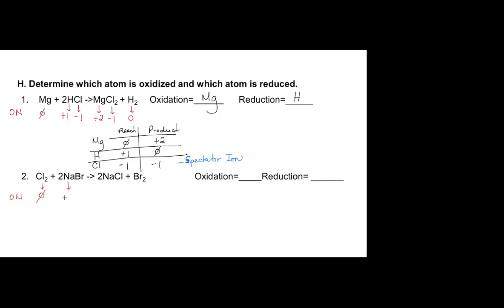Sodium has an oxidation number of +1, bromine an oxidation number of -1 because it is an ionic compound. In the products, my sodium is going to have an oxidation number of +1. My chlorine is going to have an oxidation number of -1. Br2 is in its elemental form because it is a diatomic, so its oxidation number is 0. Okay. Questions about the assignment of oxidation numbers for problem number 2?